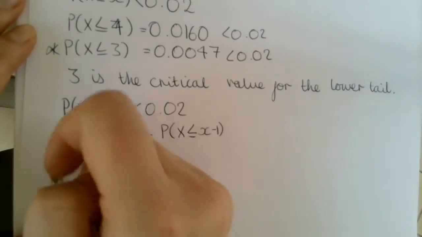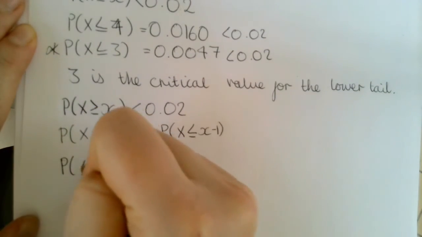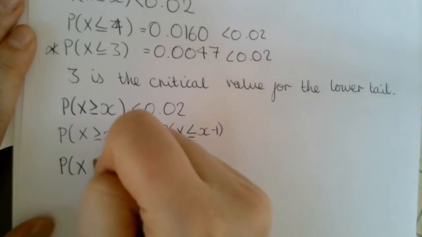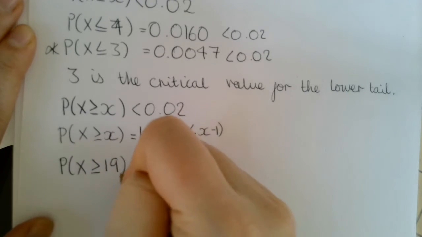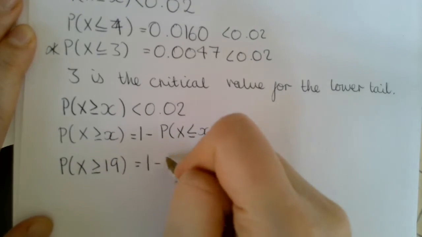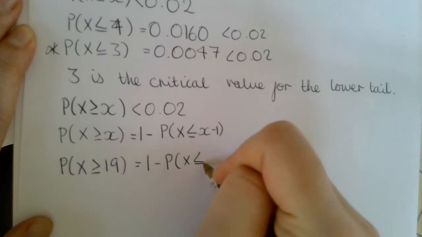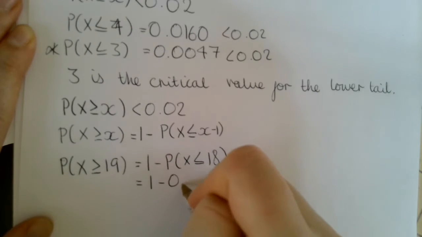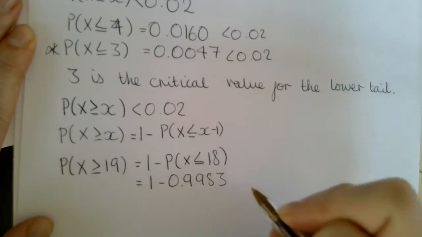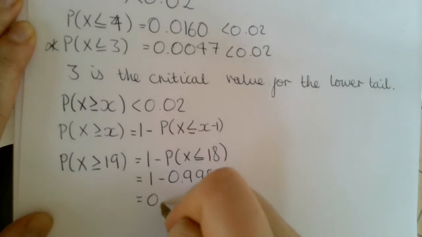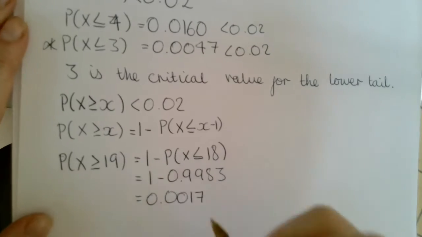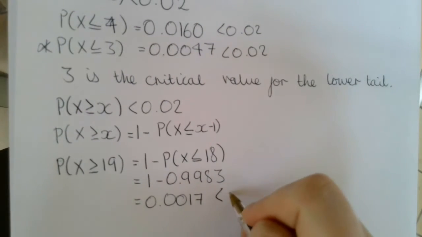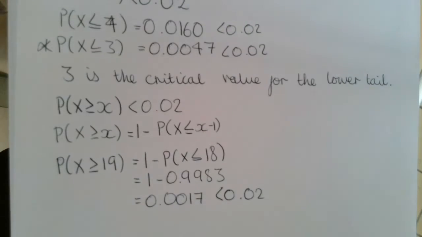So looking at the list, I found the probability that x is greater than or equal to 19 is equal to 1 subtract the probability that x is less than or equal to 18, which is 1 subtract 0.9983, which is 0.0017. Now this is less than 0.02.